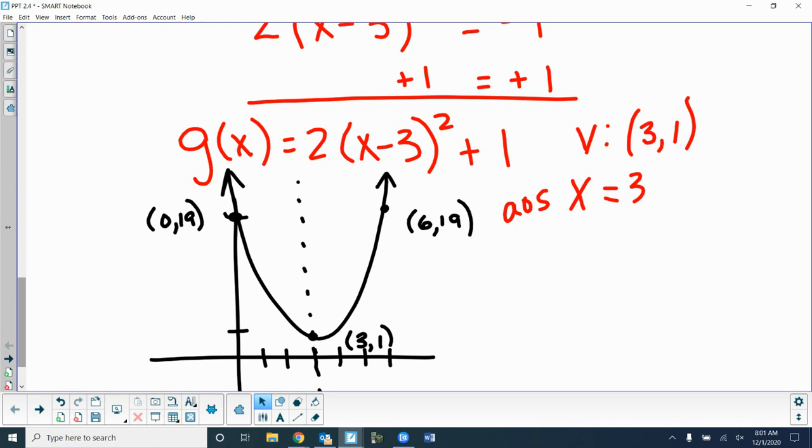To the left. So since I know it's symmetrical, I go 3 spots to the right. All right? So this is 0, 19. Right there in the middle would be 3, 19. If I go 3 more, that's 6, 19. So there's my 3 dots that I can draw my parabola, my curve, to graph that.